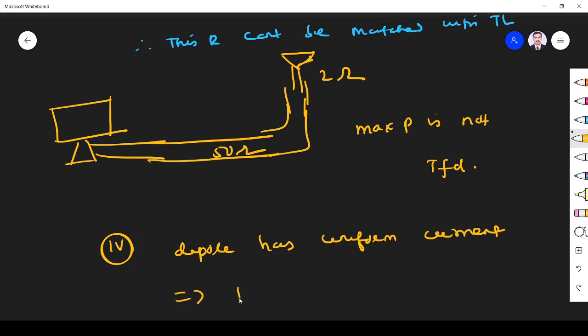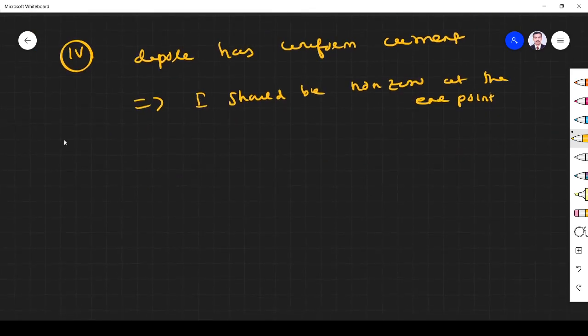This implies I should not be zero, I should be non-zero at the end point of the dipole. Why? Here you see, this is the dipole.